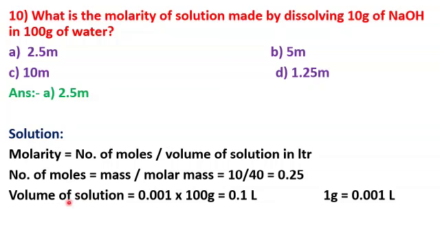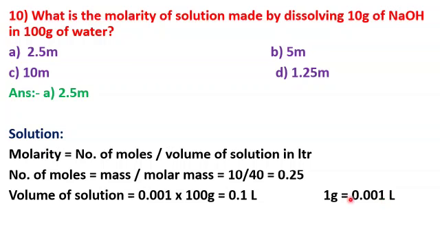Next, you have to calculate the volume of the solution in liters. In the question it is given in gram, so you have to convert gram into liter. For that you use this standard value: 1 gram is equal to 0.001 liter.